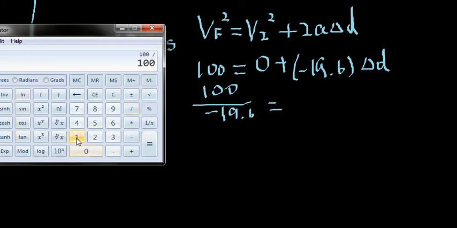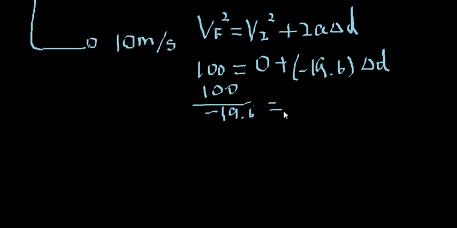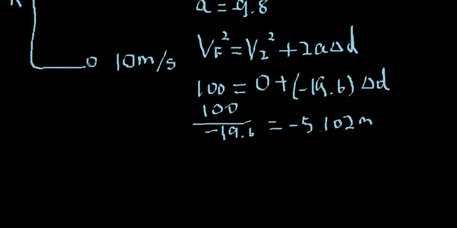So the change in distance is negative 5.102 meters. It's moving from here to there, so it's negative 5.102 meters. So the height must be 5.102 meters. And that's the height.